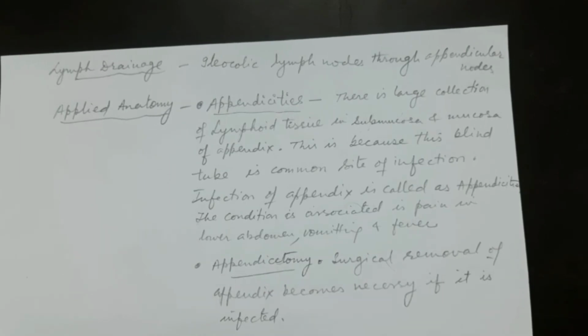Why is there so much lymphocytic collection in the appendix? Because, as I said, it is a blind narrow tube, so the fecal matter which may pass into the lumen of the appendix may remain there and get infected with bacteria, and to fight this bacteria there are many lymphocytic collections. So it is a blind tube and a very common site of infection.